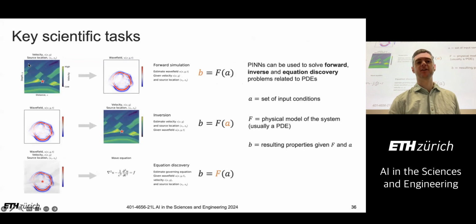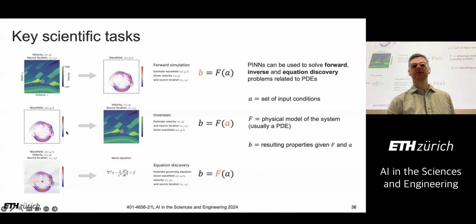So forward simulation is a task of, given some input conditions to the system, for example a velocity model of the Earth and the location of an earthquake in the Earth, can I predict the outputs of that physical system? So in this case, what is the amplitude of the seismic waves that propagate through that media? So we can say B here, the outputs of the system, just depends on some model of the system, typically a PDE, and some inputs to the system A.